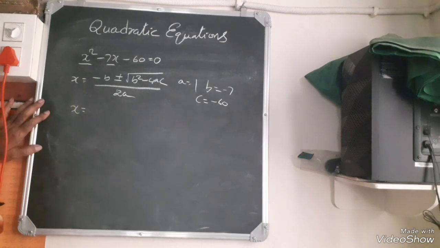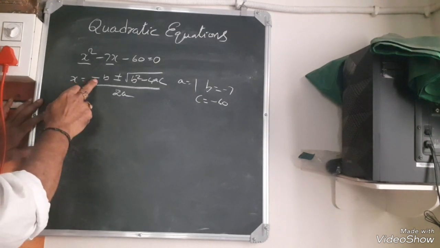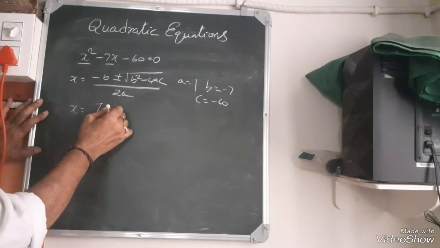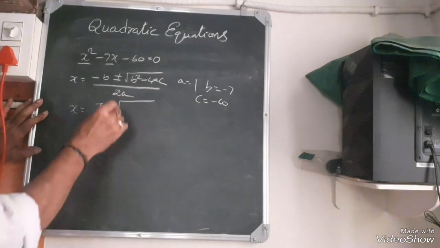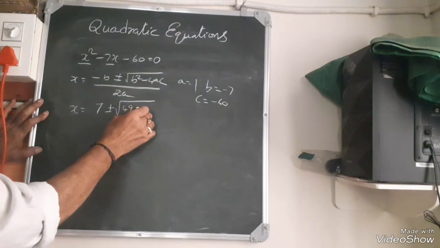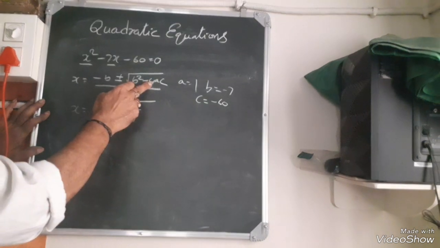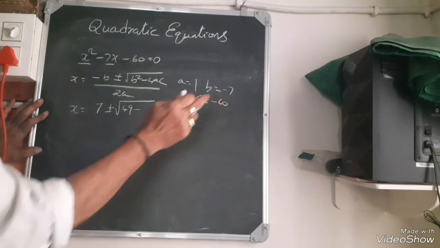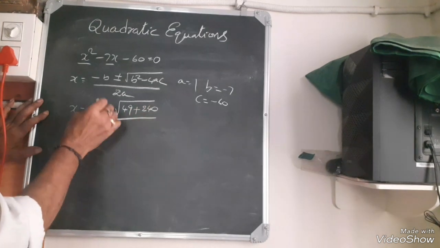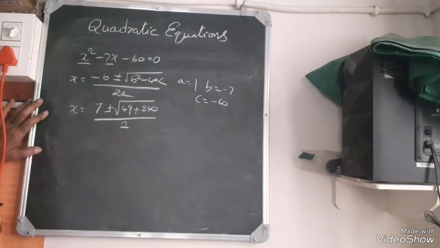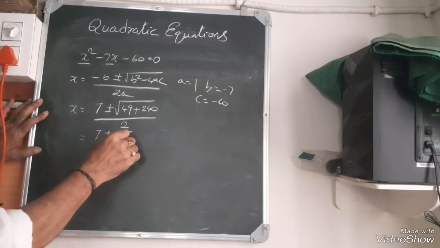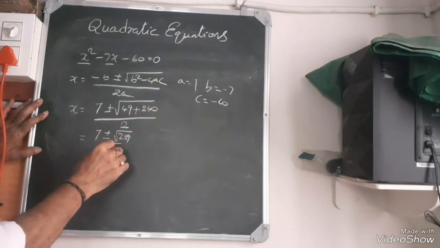So x equal to minus of minus b here, minus of minus 7, we get plus 7, plus or minus square root of b square, 7 square, so we get 49, minus 4ac, minus 4 into a, 1, into minus 60, we get plus 240, by 2a, 2 into 1, 2 we get. Then we get 7 plus or minus 289 by 2.